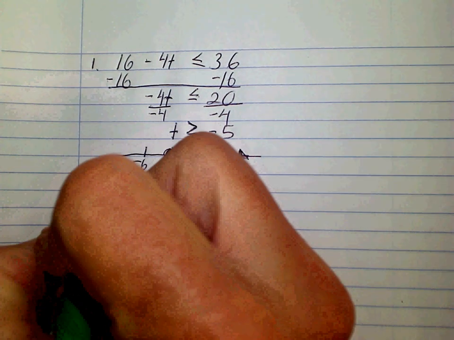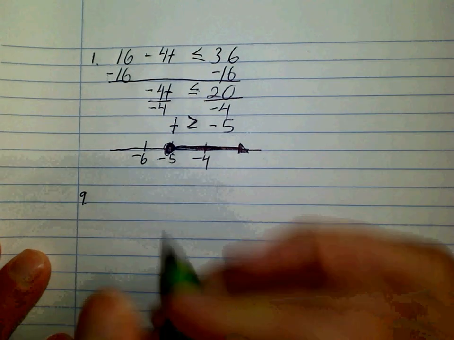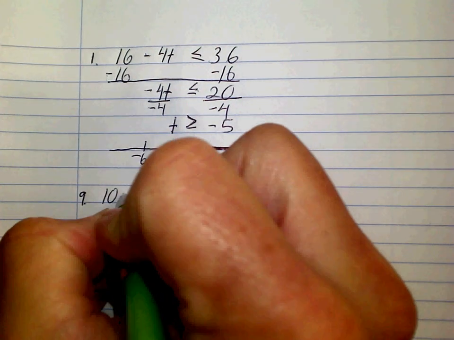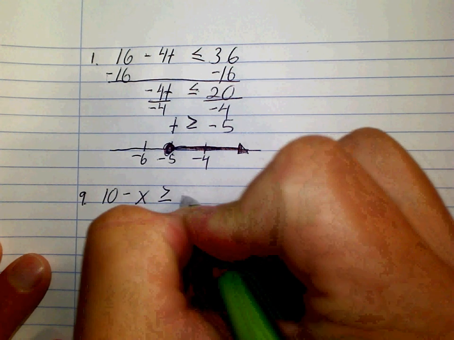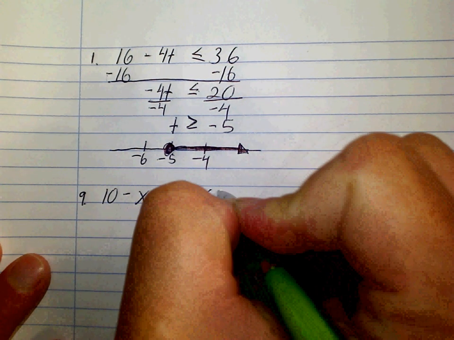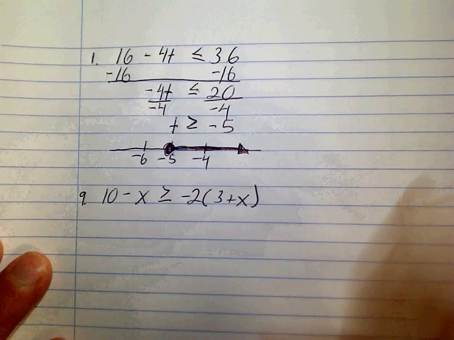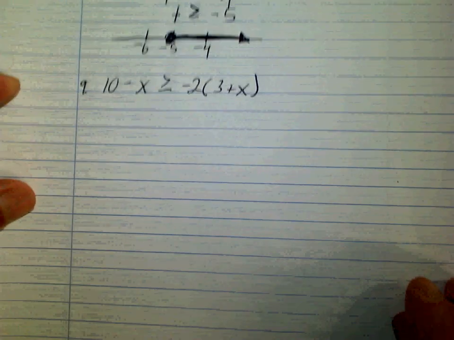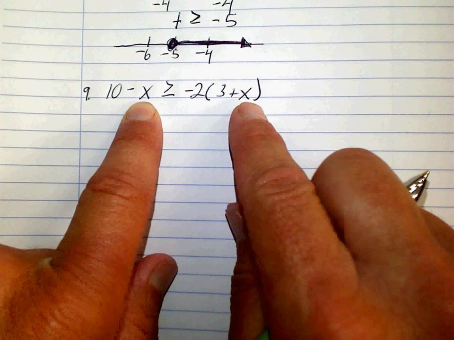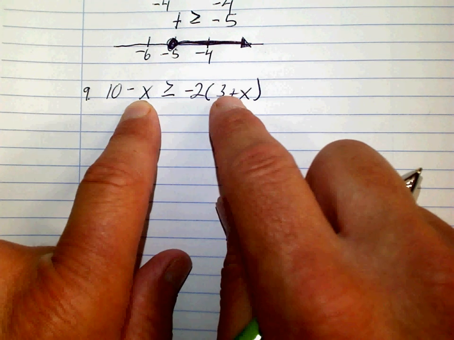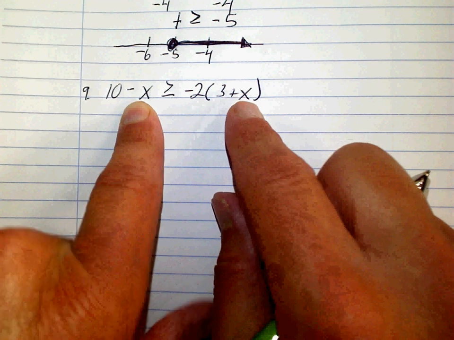Here's another example, number 9. It's an inequality with an unknown on both sides, so it's a very complex inequality. Still solve it like it was an equation.